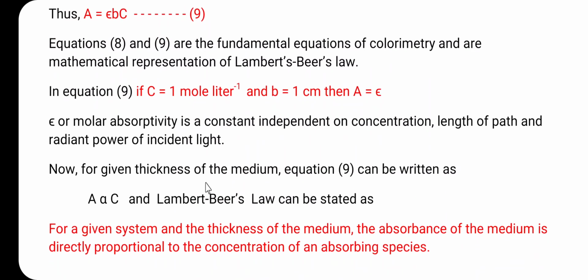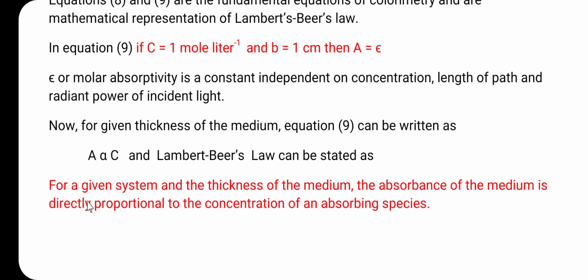Now, for a given thickness of the medium and for the given medium, equation 9 can be written as A is directly proportional to C, and the Lambert's-Beer's law can be stated as: for a given system and thickness of the medium, the absorbance of the medium is directly proportional to the concentration of the absorbing medium.